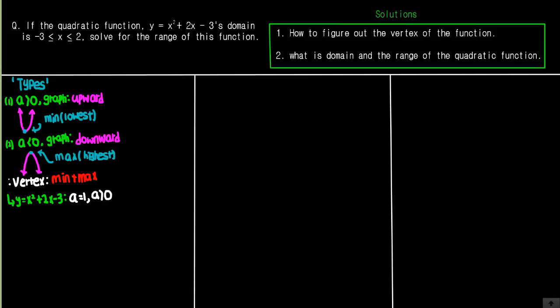That means the graph will go upward. So if you write it down, the graph of this function will go upward, and it will contain only one lowest point, which is going to be the minimum vertex.